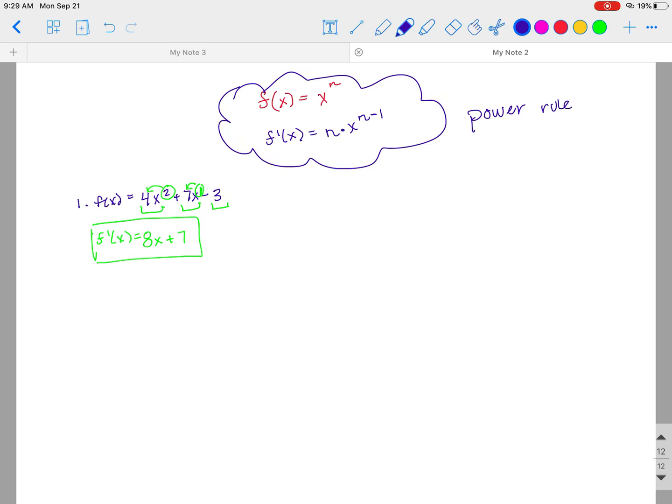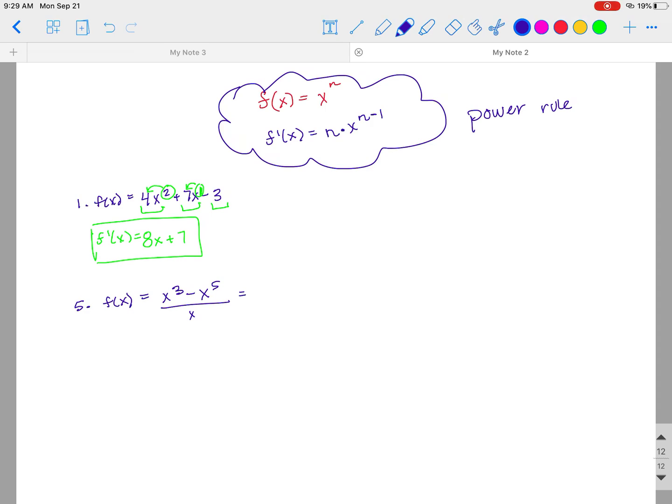Let's go ahead and skip around to number 5 from your homework. So number 5 says f of x is equal to x cubed minus x to the 5th, divided by x. So to use the power rule, each term has to just be the variable raised to a particular power.